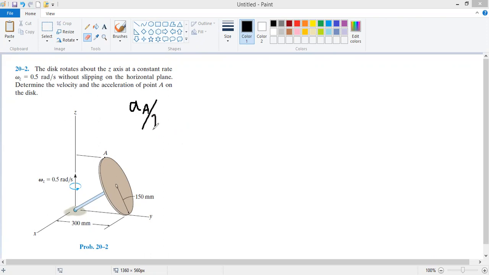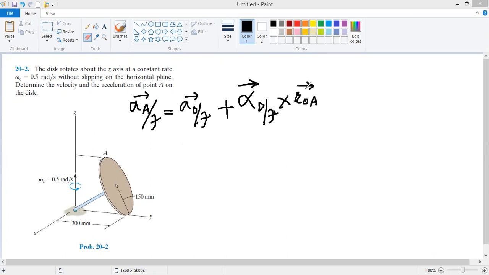Acceleration of A with respect to ground is equal to acceleration of O with respect to ground plus angular acceleration of the disk with respect to ground, cross product with the radius vector drawn from O to A, ROA vector, plus angular velocity of the disk with respect to ground, multiplied with the angular velocity of the disk with respect to ground, dot product with ROA vector.